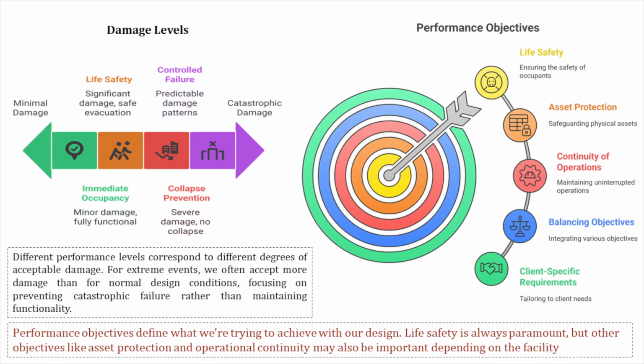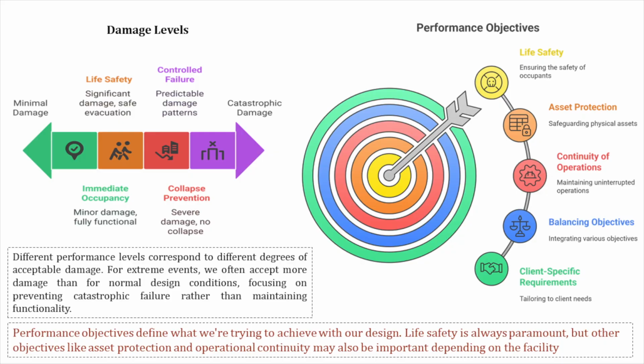We also need to define the different performance objectives like life safety, that is ensuring the safety of the occupants; asset protection, where the physical assets, for example the disks in a data center or ammunition in army installations, are protected; and continuity of operation, maintaining uninterrupted operations such as in electrical power substations and hospitals.